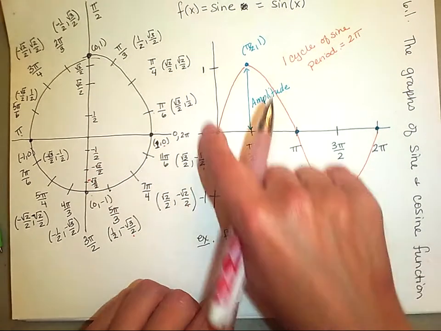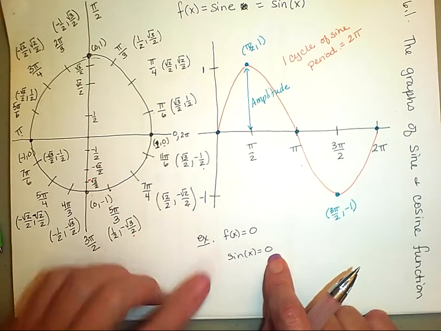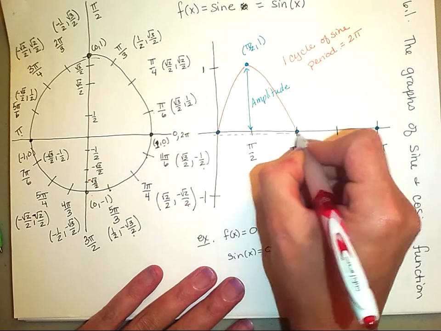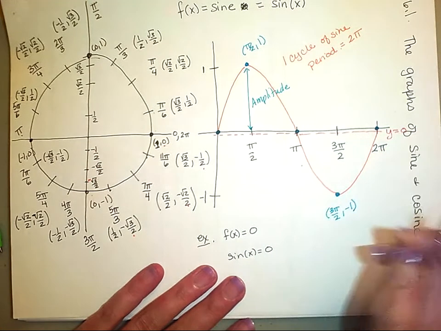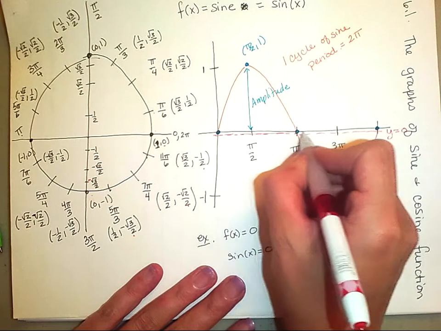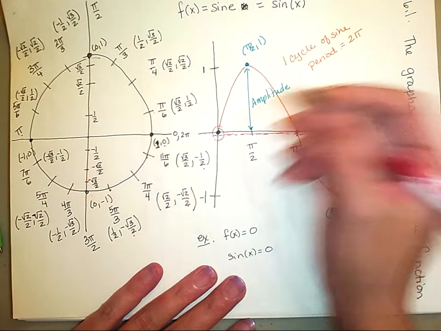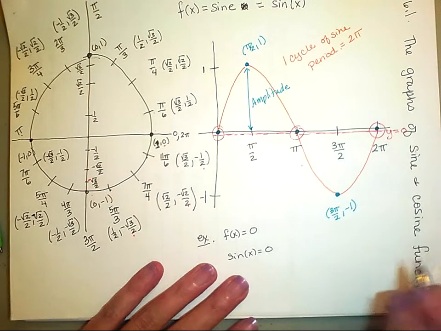We've graphed the sine of x. On the right-hand side, we want to know where y equals 0. We can draw that in. This is the line where y equals 0. If we look for any intersection points, that would be the answer. So we see an intersection point here, here, and here.